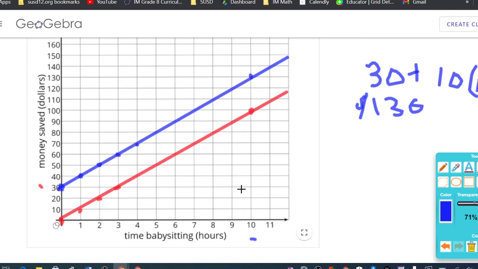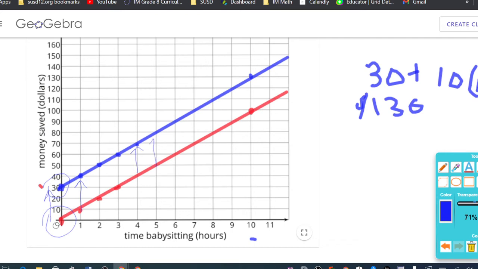Right there. So do you see what we have here? One of the graphs starts at the origin, 0, 0. But if you already have some money in the bank, you don't start at the origin. The line translates up. See how this line translates up?